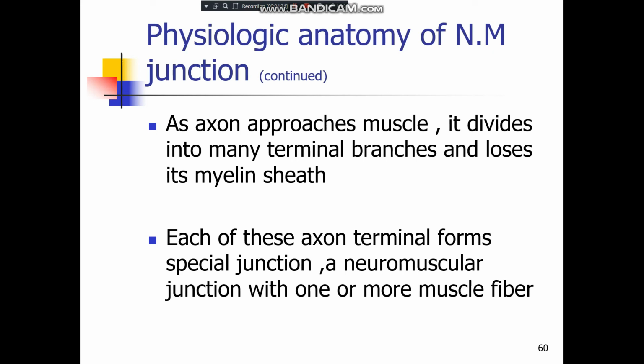If you study the physiology and anatomy of the neuromuscular junction, an axon approaches the muscle. Where the axon approaches the muscles, it divides into many terminal branches. And at these terminal branches, there is no myelin sheath, you remember.